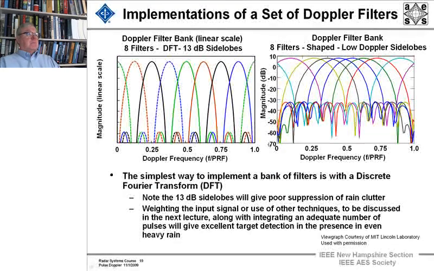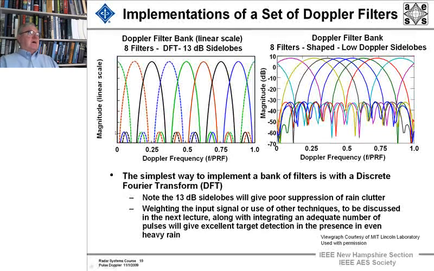Now, here is the simplest way we can implement a bank of filters with a discrete Fourier transform. We can just run 8 filters through a discrete Fourier transform and we'll get 13 dB side lobes. This is a magnitude on a linear scale, and this goes from 1 to 8, right over here.